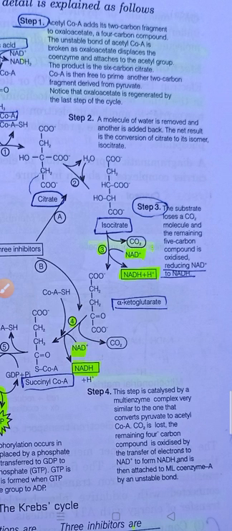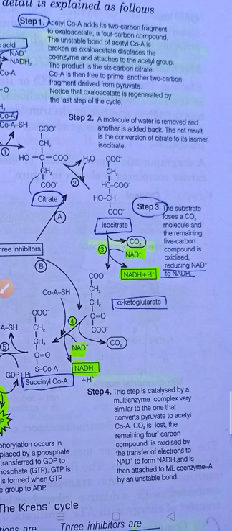In the third step you can observe that this isocitrate loses a CO2 molecule and the remaining 5 carbon compound is oxidized. One CO2 comes out of isocitrate, a carboxylation process. And then you can see here in the remaining steps of the citric acid cycle, from this isocitrate alpha ketoglutarate forms.